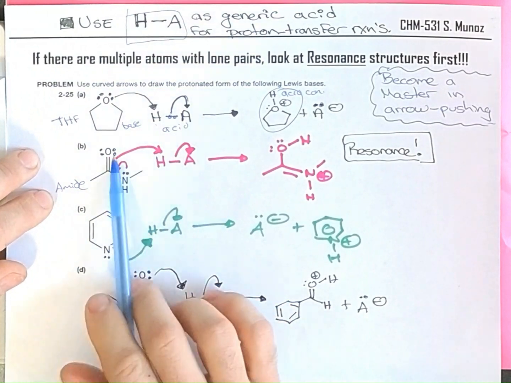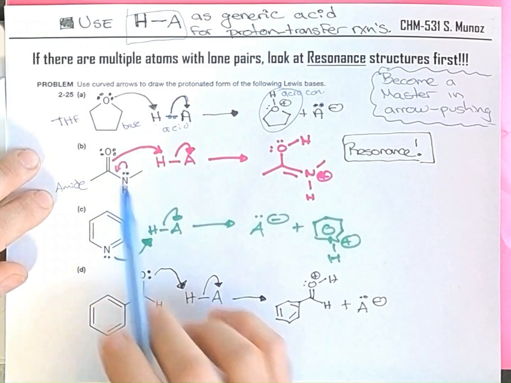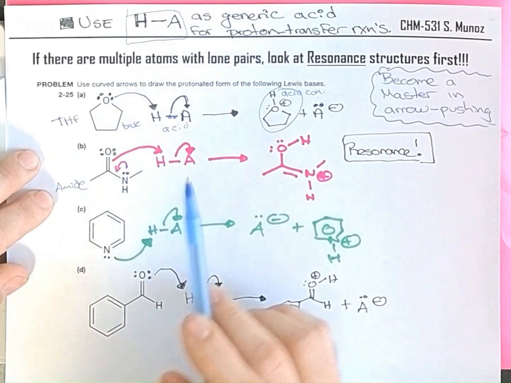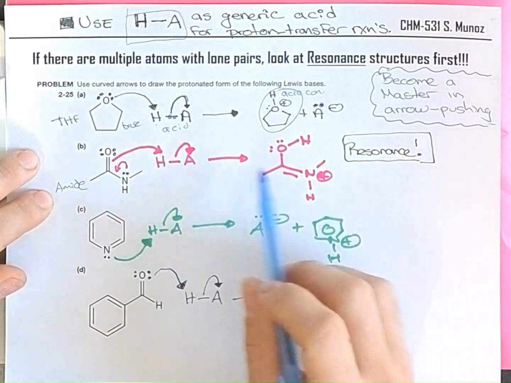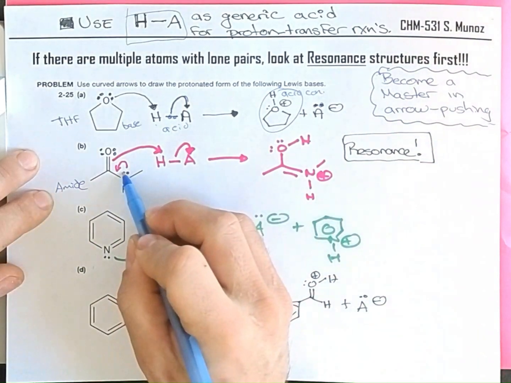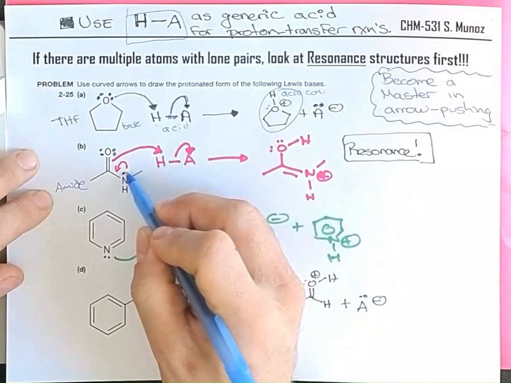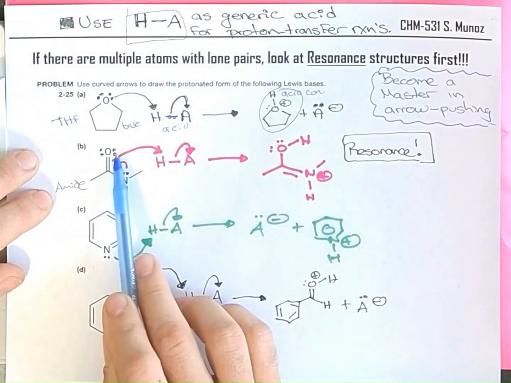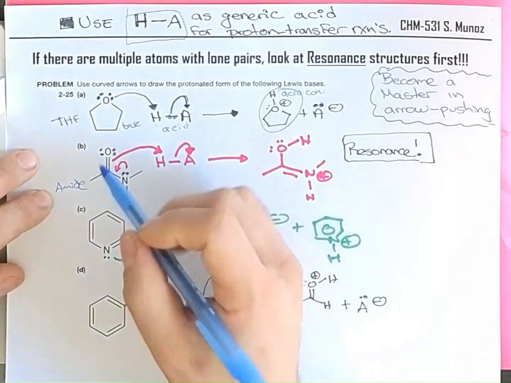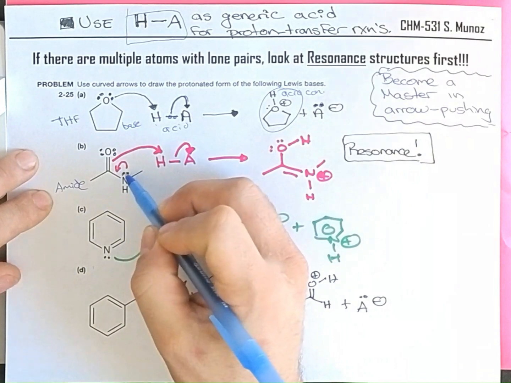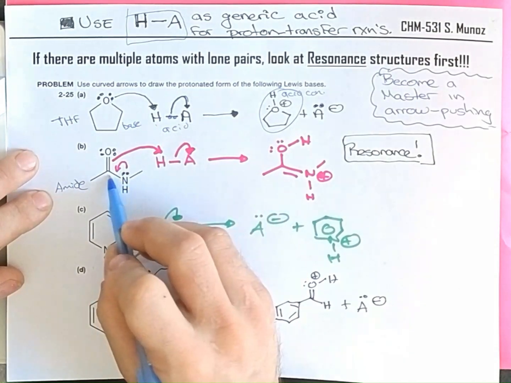Before you proceed, if you were to take the arrow directly from the oxygen, it's actually better if you think about resonance before. You know that this lone pair on nitrogen is conjugated with this pi bond. So instead of directly attacking with the lone pairs on oxygen, it's better if you first kick in this lone pair on nitrogen to form a pi bond here.